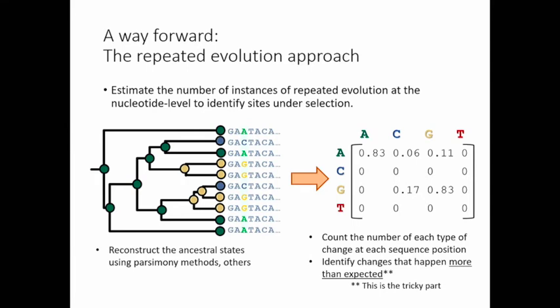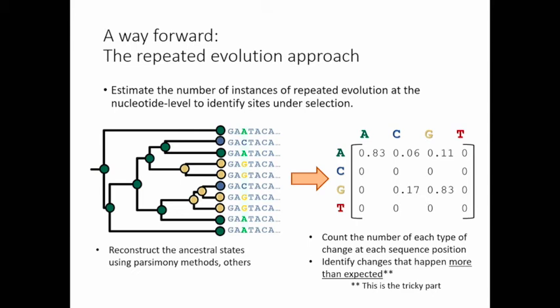For each site, say the site we're focusing on here, we count through the phylogeny and see how many changes we see from, say, A to C, A to G, et cetera. So we have a whole bunch of these transition-matrix type things for every single site throughout the gene of interest, gtsB, for example.